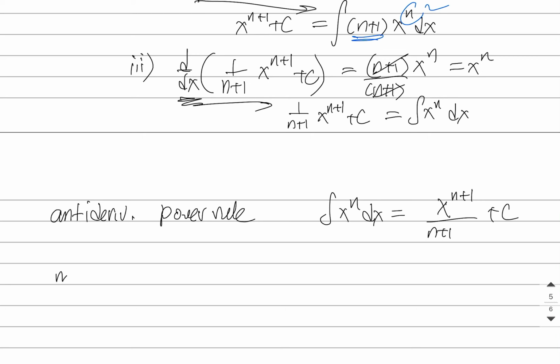Now note, this doesn't work if n plus 1 equals 0. If that's the case, we're going to get to the logarithm that we talked about. If this was x to the minus 1, that would be the same as 1 over x dx, and we already talked about this from earlier.